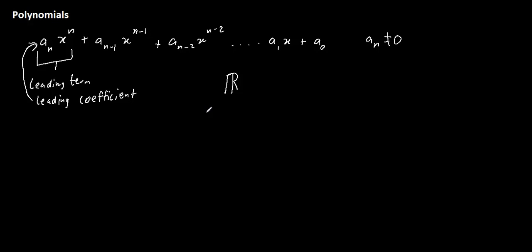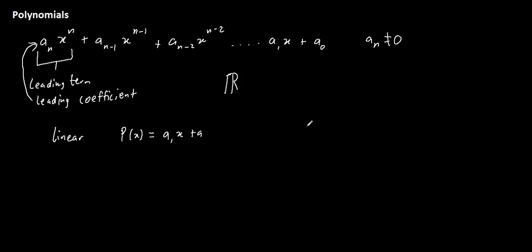Anyway, now I'm going to start introducing the types of polynomials that we are most going to be familiar with. We have linear polynomials, given by p(x) equals a_1 x plus a_0. You may be familiar with this as the equation of a line.